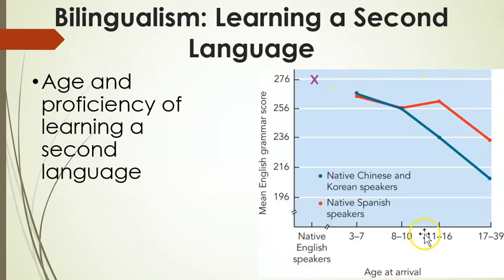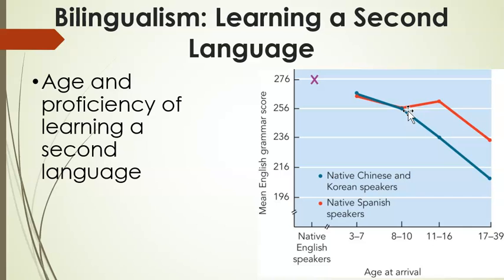Now, this is a graph example of learning English. So the greenish blue line is for native Chinese and Korean speakers, and the red line is for native Spanish speakers. So again, if you're learning English at ages 3 to kind of 10, you're going to do pretty well.